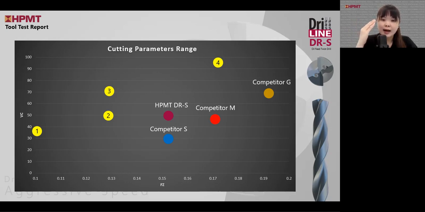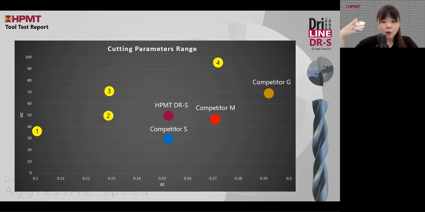So what is the justification we used to set up all those values? First of all, understanding that some customers tend to use conventional cutting parameters, and other customers tend to use more aggressive cutting parameters.